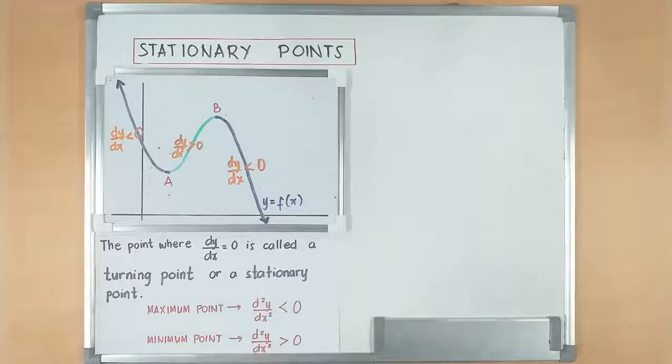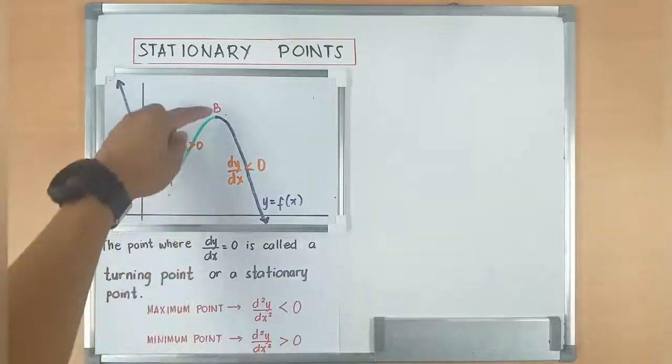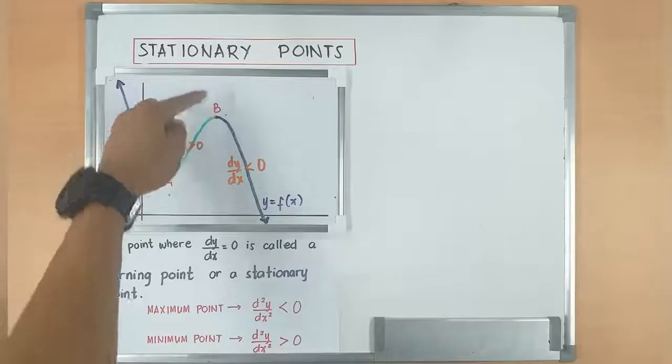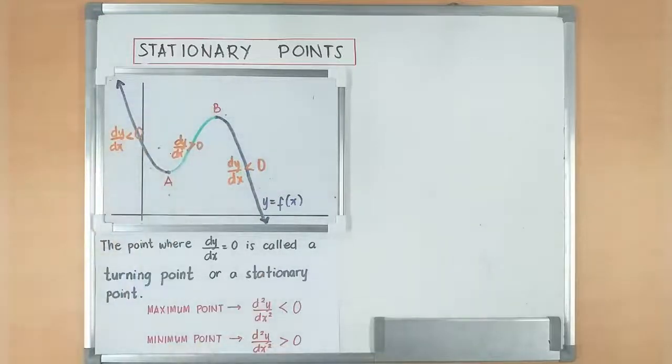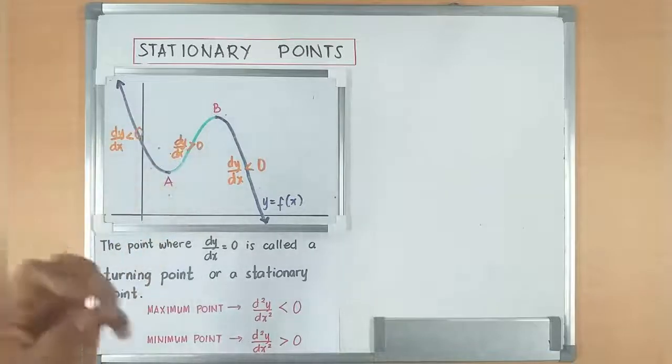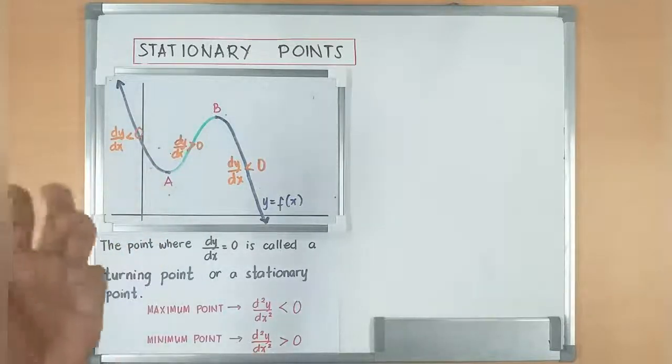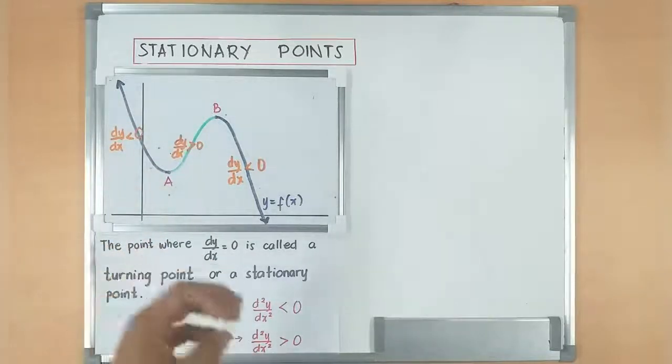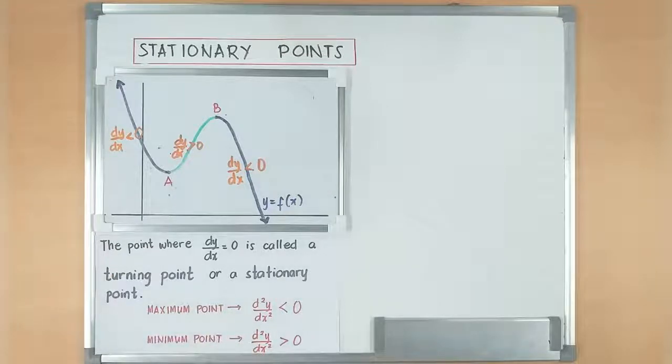But what kind of point will it be? How will you know whether it is a maximum point or a minimum point? You will know by getting the value of the second derivative. So we are basically applying two things over here.